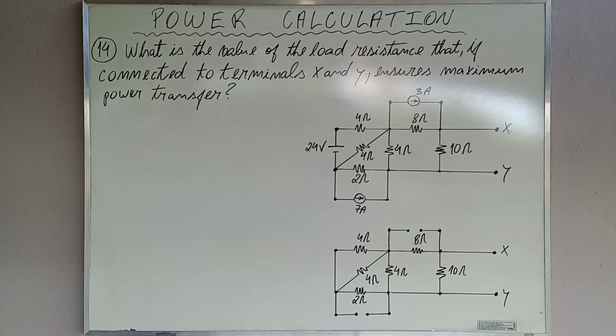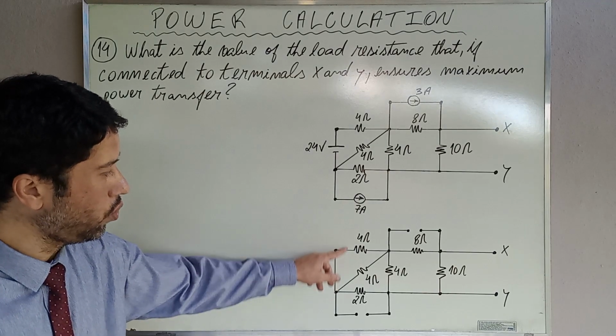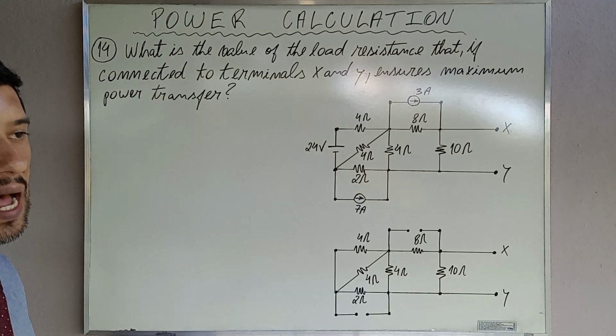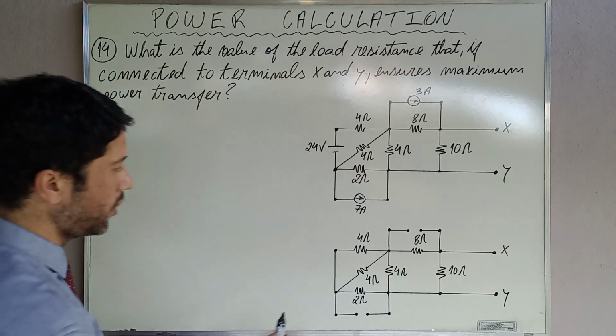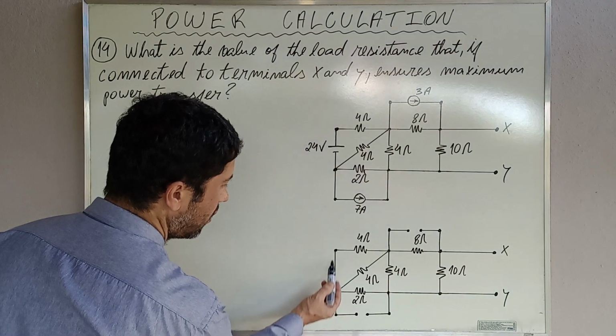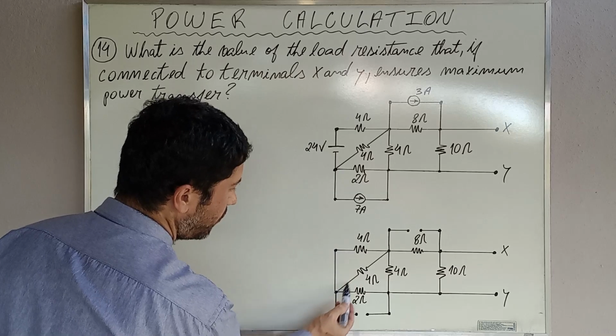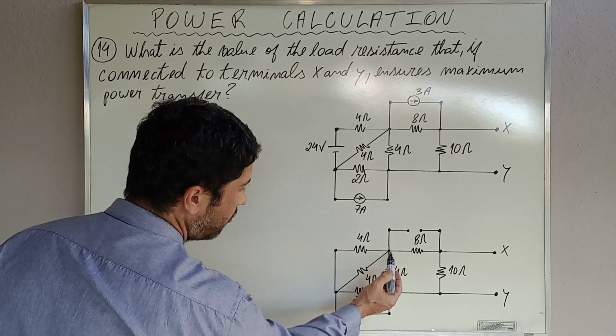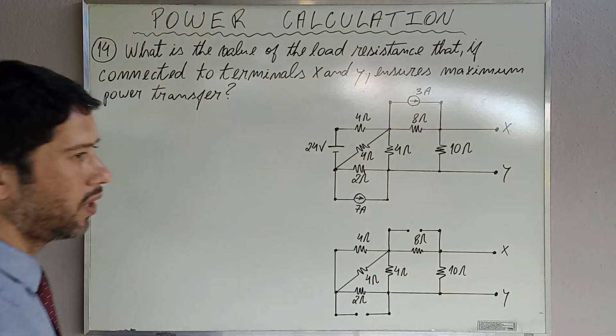Let's calculate the equivalent resistance. Observe that at the left there are two 4 ohms resistances in parallel. And how do we know that they are connected in parallel? Because they share 2 terminals. This is common to this and this is common to this.